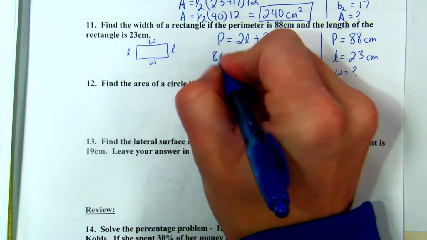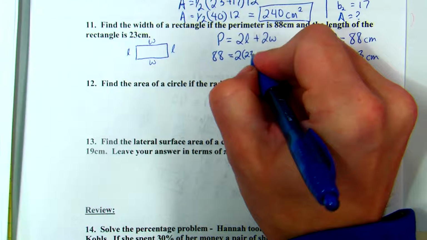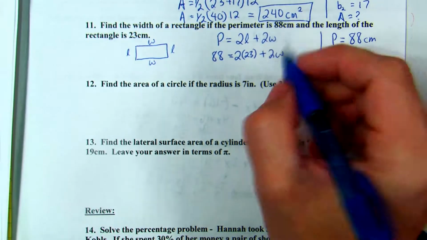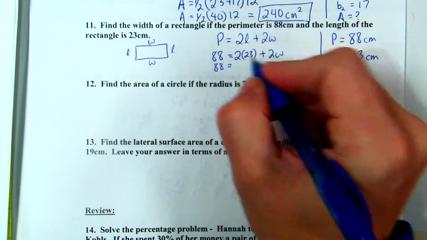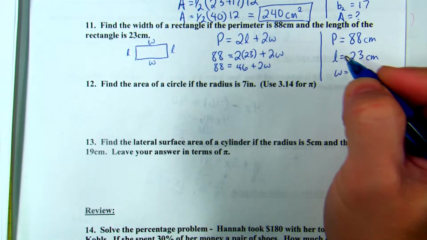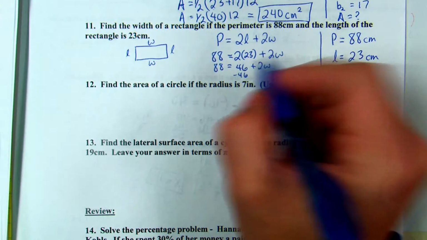So let's plug our values in. We're going to have 88 is equal to 2 times 23 plus 2W. We want to solve for 2W, so we'll rewrite this here as 88 is equal to 46 plus 2W. Then we will subtract 46 from both sides.